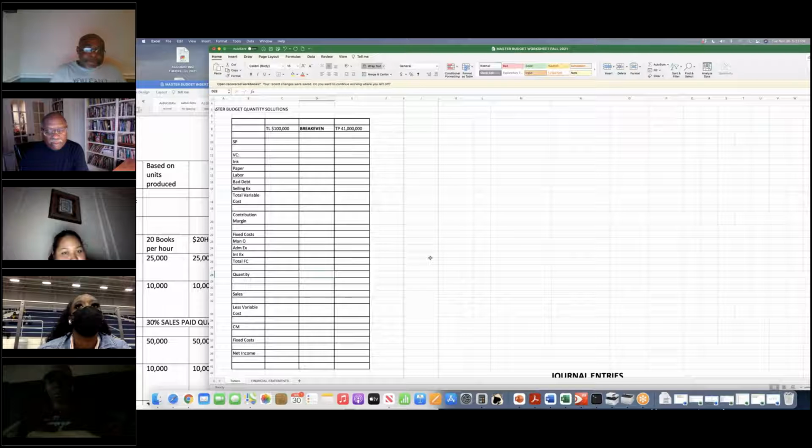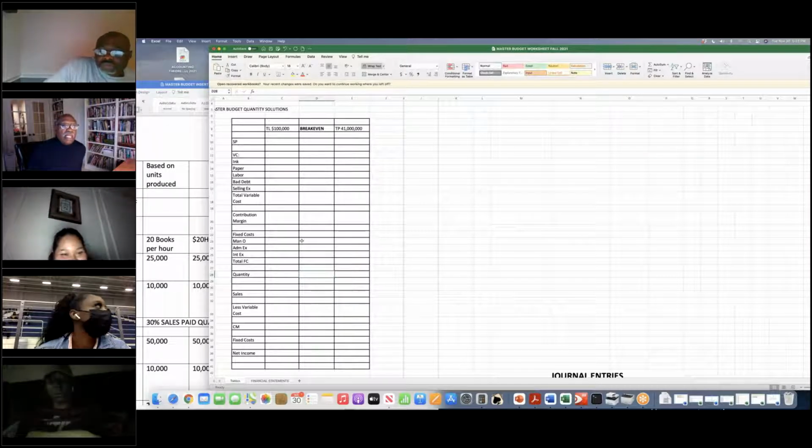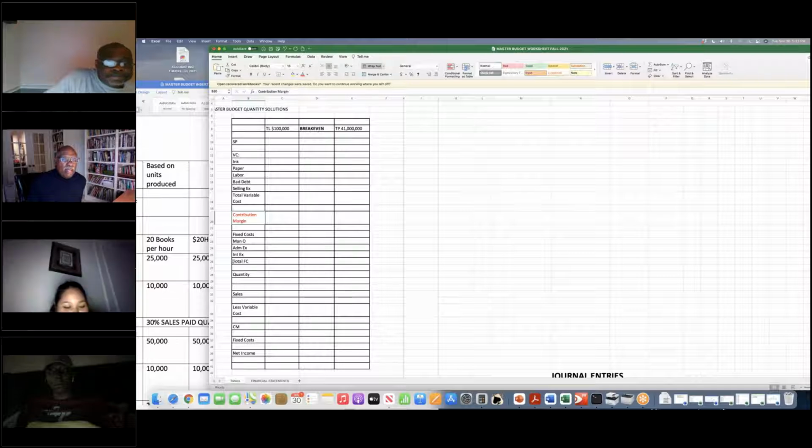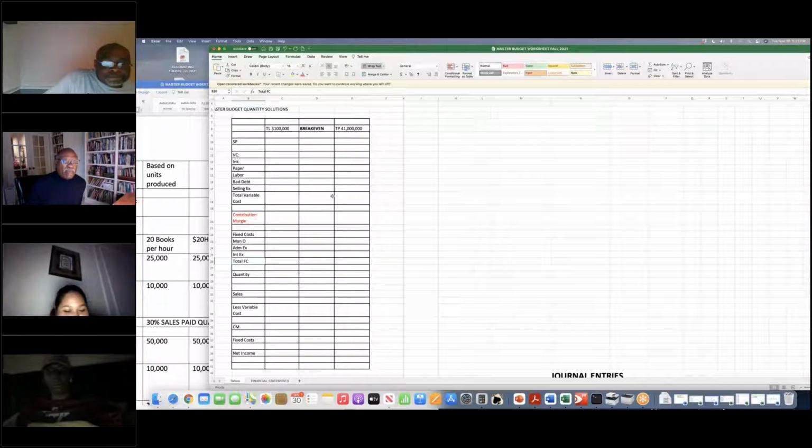It is FC divided by CM. FC divided by CM. So we're on a unit basis for the contribution margin, and we're on a total dollar cost for the fixed cost.